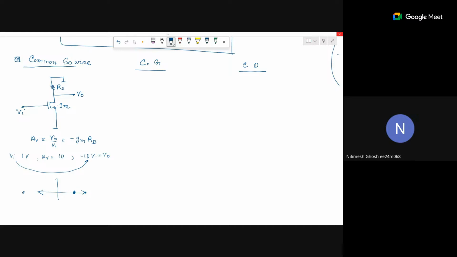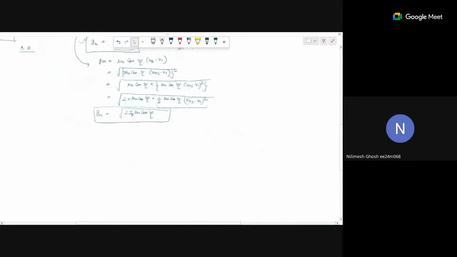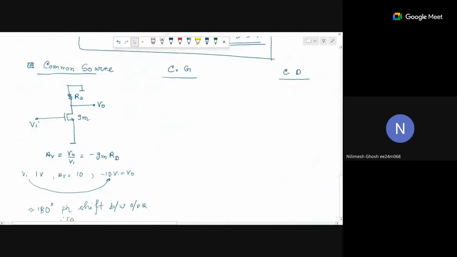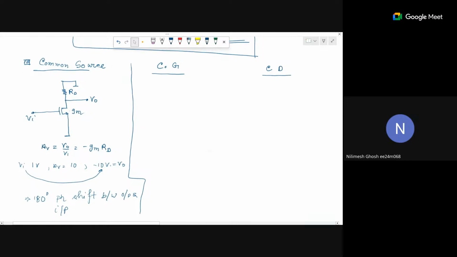That's why there is a 180-degree phase shift between output and input. So if in a particular circuit you want to give some input and you want a 180-degree phase shift, then your preferable choice should be a common source amplifier.